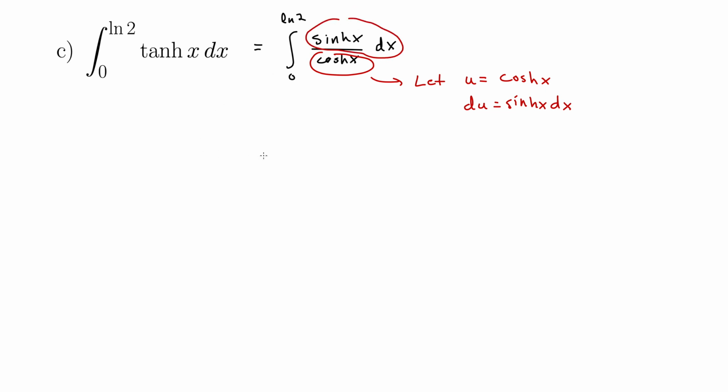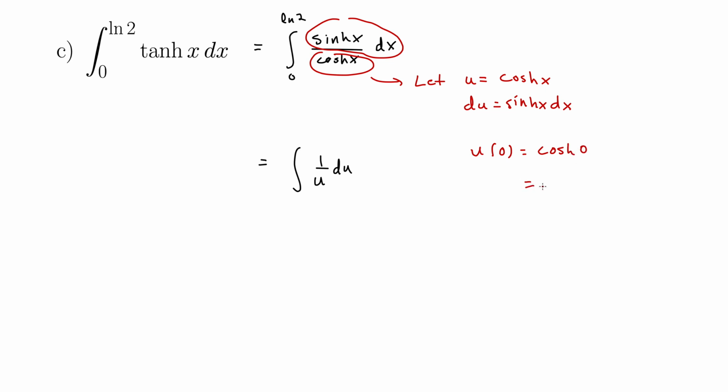Okay, so our new integral is the integral, we'll deal with the limits of integration in a minute here, of 1 over u du, or simply du over u. That's something we definitely know how to integrate, but let's deal with these limits of integration. I'm just going to treat u like a function. u of 0 is cosh 0.